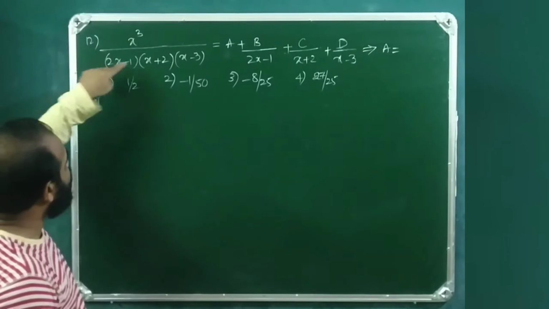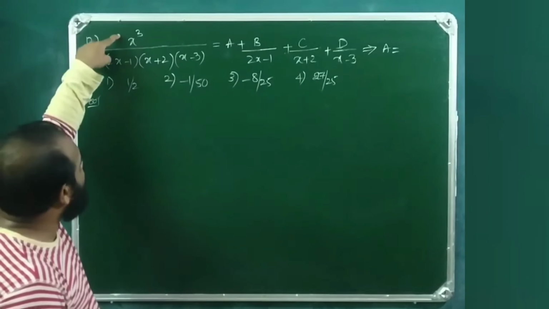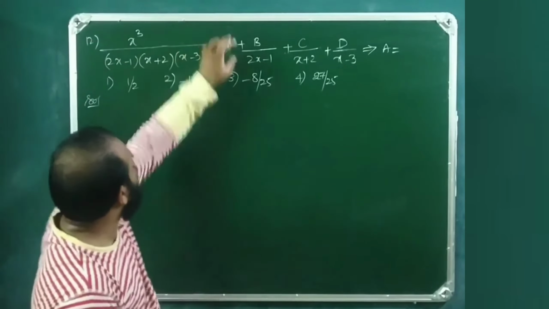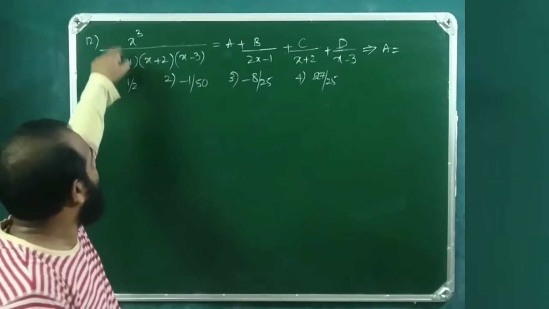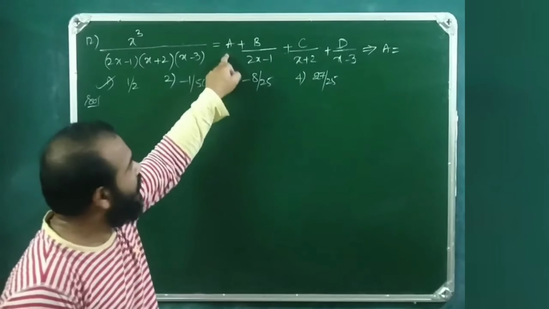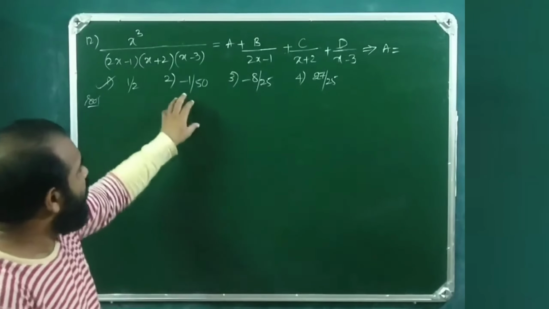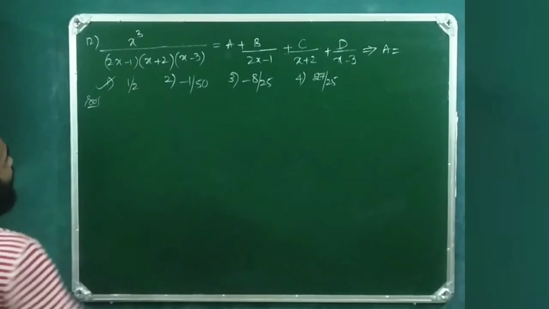Here 2x into x into x is 2x cube, the x cube quotient is 2. So 1 by 2, so the a value is 1 by 2. Plus this is a by 2x minus 1, b by x plus 2, c by x minus 3. a is already used, therefore this is given. This is the direct bit. So therefore a is equal to half.